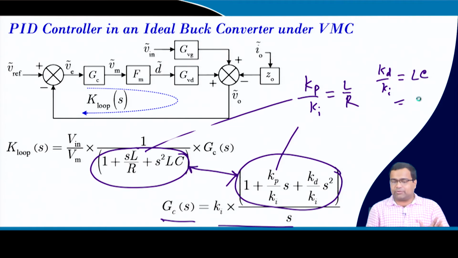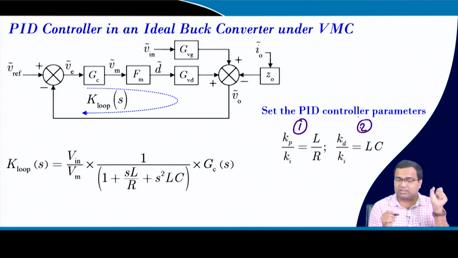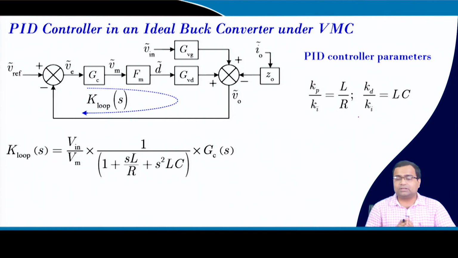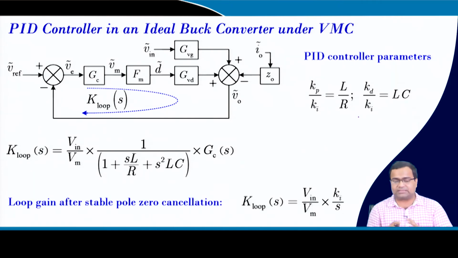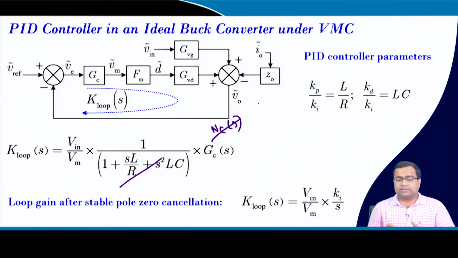But now, we have two equations, equation 1 and equation 2, but we have 3 unknowns, Kp, Ki, Kd. So, how to solve? Once you set this compensation, because we are cancelling this pole with the controller zero, if you go back, what was our compensator structure?